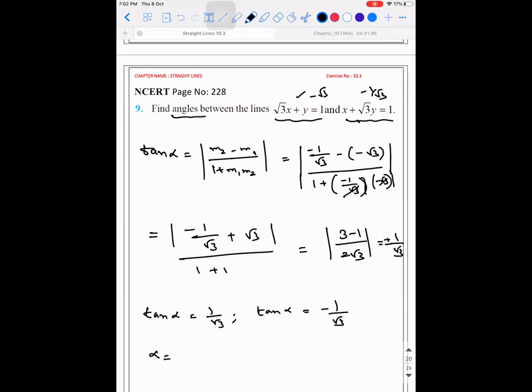So alpha is equal to 30 degrees or 150 degrees.